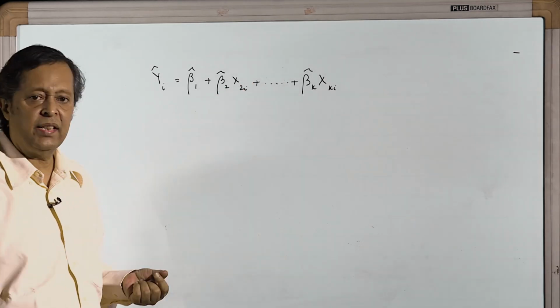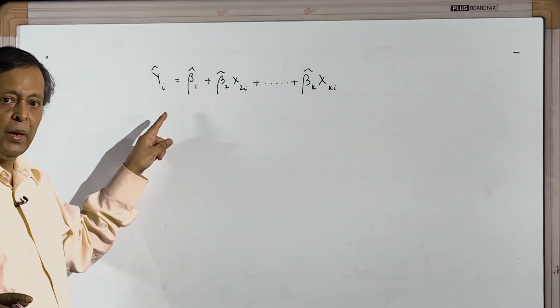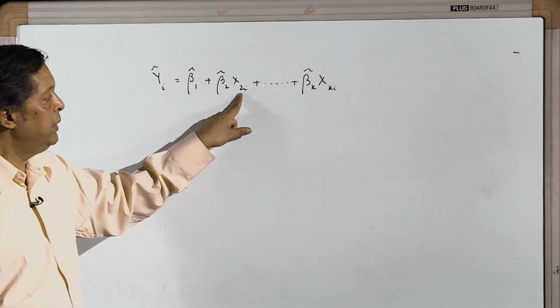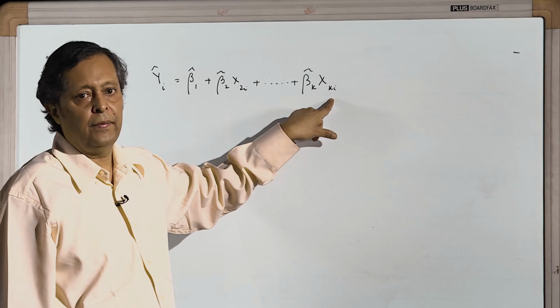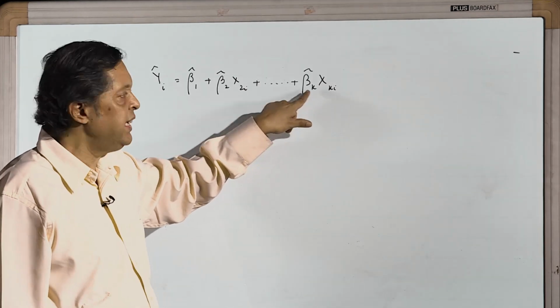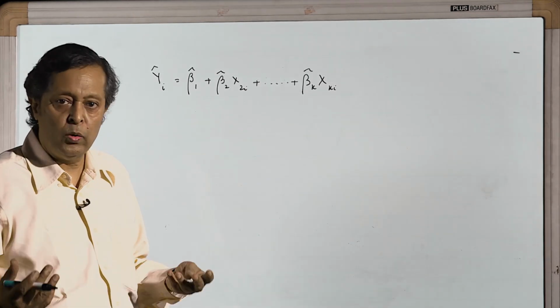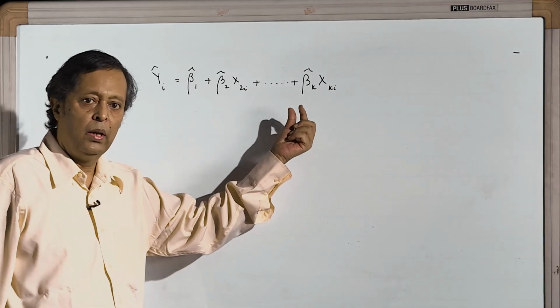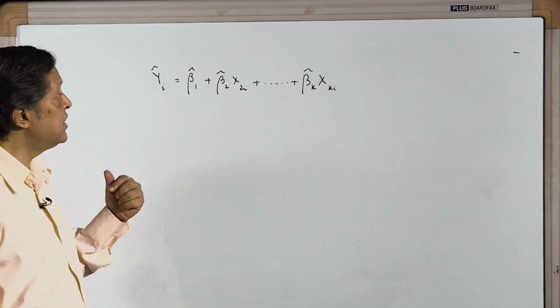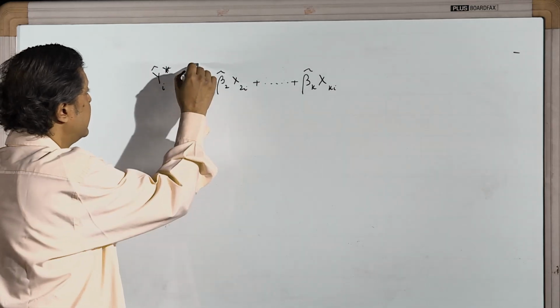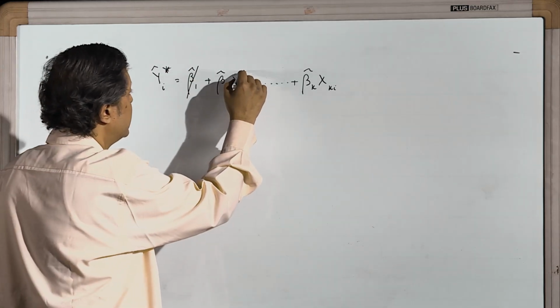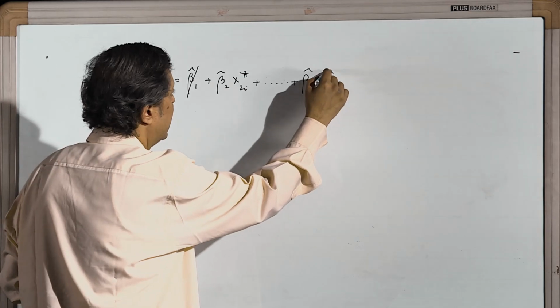So, beta 2 hat is the sensitivity of y i per unit of change of x 2 i, beta k is the sensitivity of y i per unit of change of x k i, but x k i and x 2 i are measured in different units. So, it is difficult to compare these two, but once they are in standardized units, y i star, x 2 i star and x k i star, the units get eliminated.